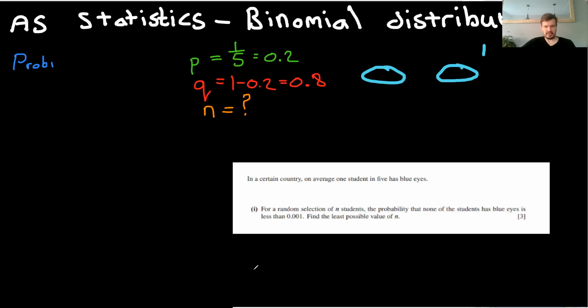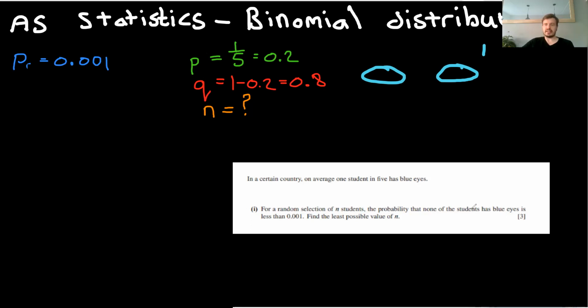Let's do that, because we need to give the probability, which is a big P, and we don't want to get those mixed up. So we're given our probability as being equal to 0.001.